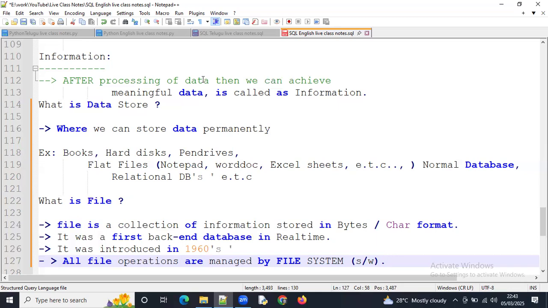Next, we have stored that data in the form of files. So what is a file? A file is a collection of information stored in bytes or character format. What is a byte? A byte is nothing but binary numbers, zeros and ones.